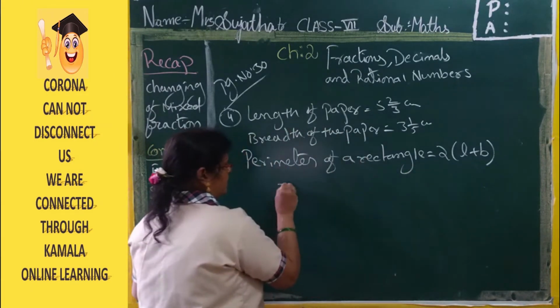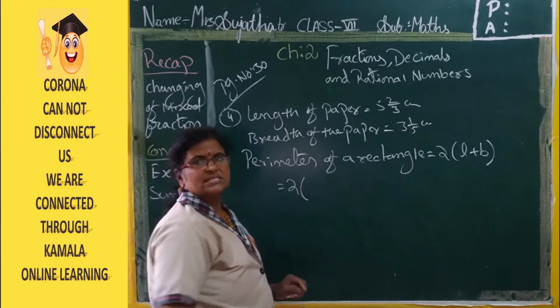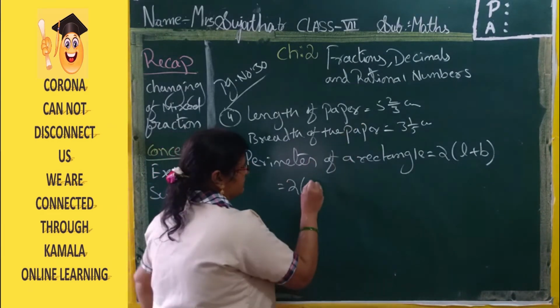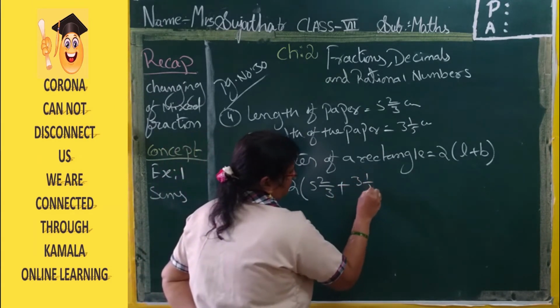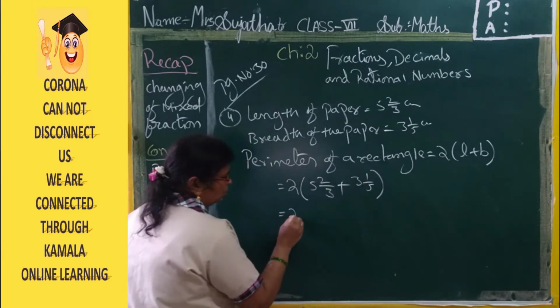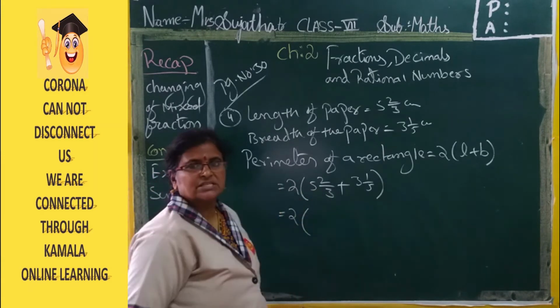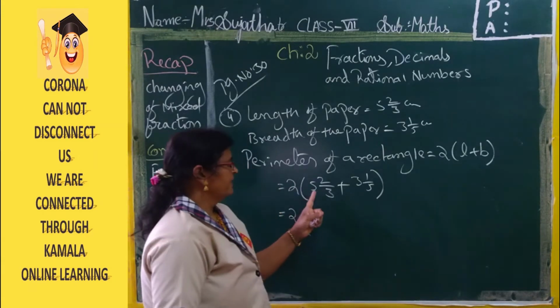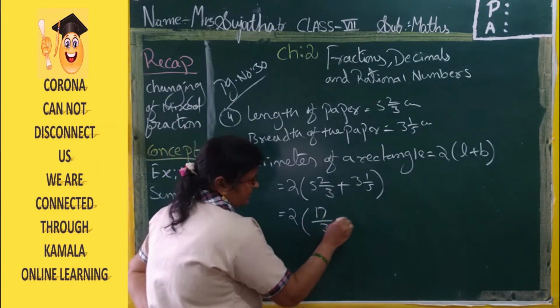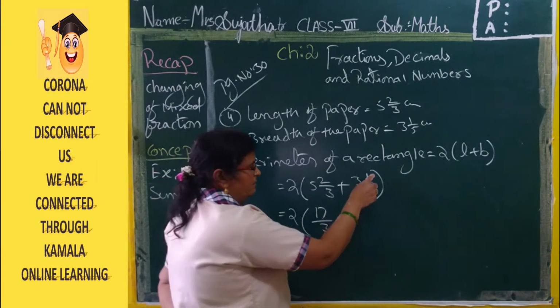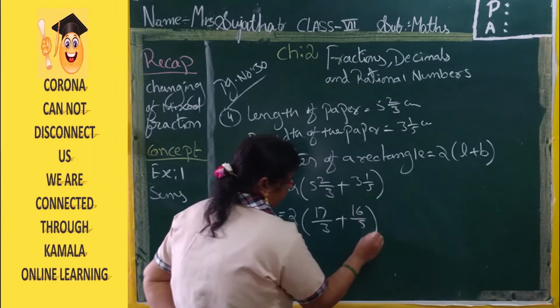That is 2 into L plus B. L is nothing but length. How much length is given? 5 2 by 3 plus breadth 3 1 by 5. Okay. Now this is a mixed fraction, change it into improper first. 5 3s are 15, 15 plus 2, 17 by 3, plus 3 5s are 15, 1, 16 by 5.